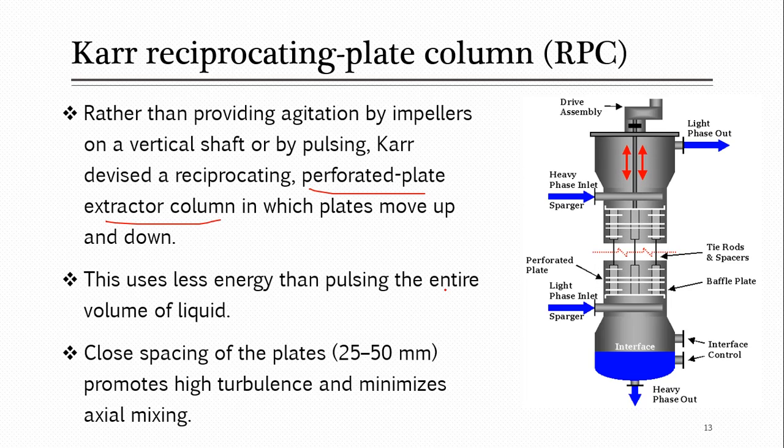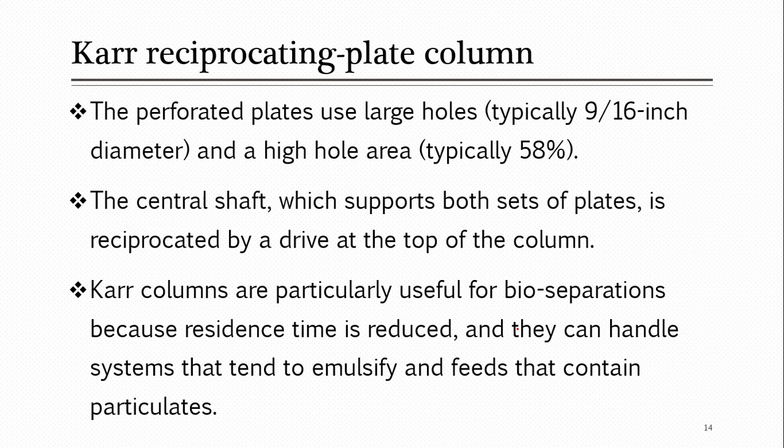When plates are closely spaced and you are creating more turbulence, you are definitely increasing mass transfer. Because plates are close to each other, some mass transfer takes place, and then liquid is jumped toward the next plates and so on. So axial mixing, or back mixing, is avoided in this system.